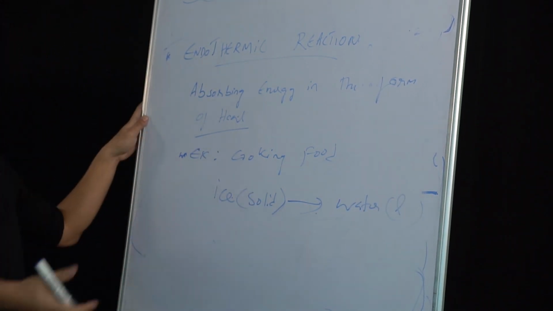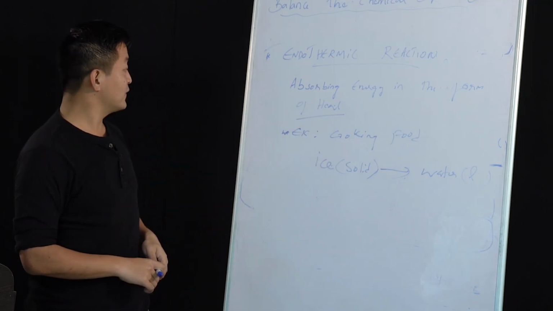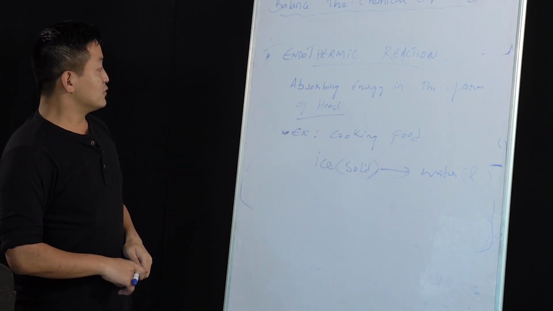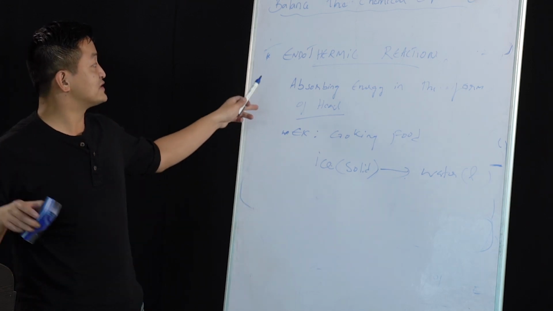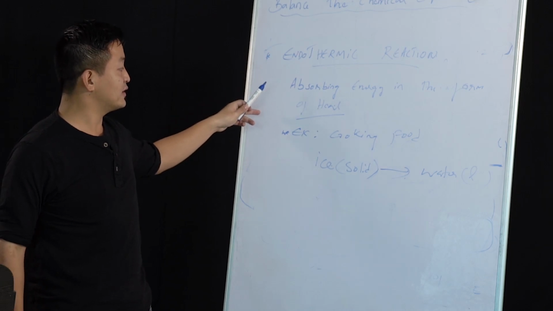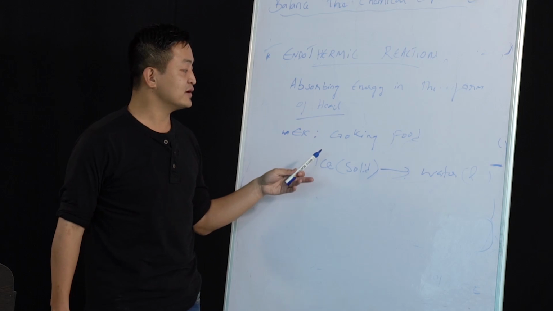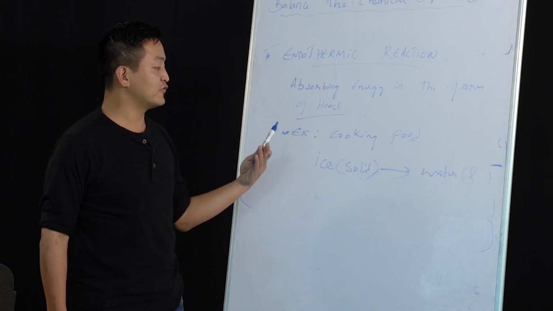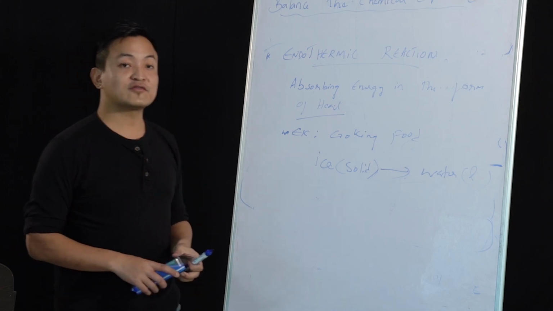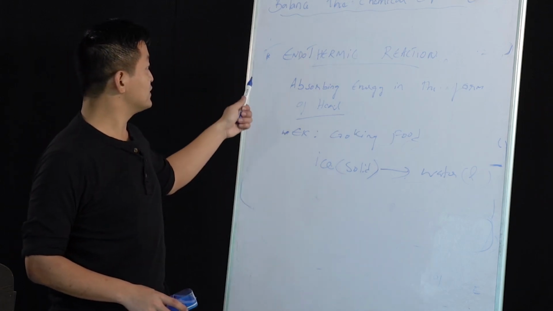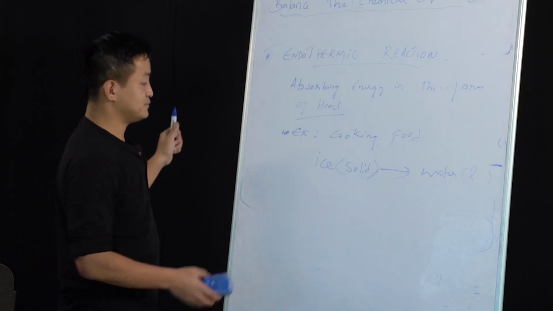Solid to liquid form, ice to water. Clear? So students, please note this one: the definition for endothermic and the common example to help you understand, cooking food or conversion of solid to liquid. Clear? So I'll give you an example of a chemical reaction for this endothermic, but before that please note this one down.